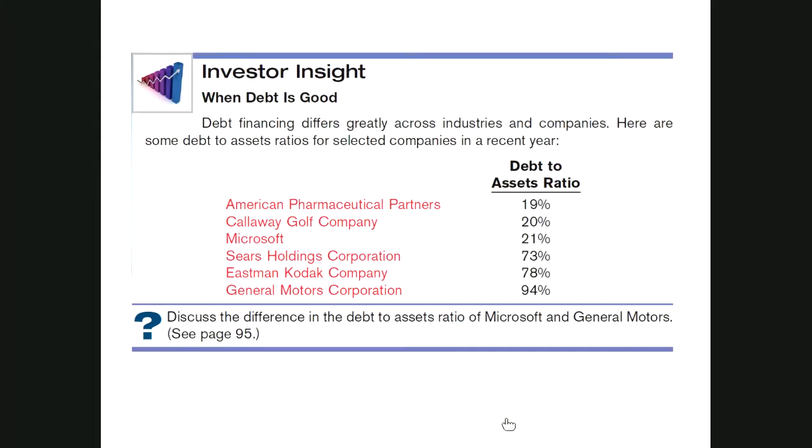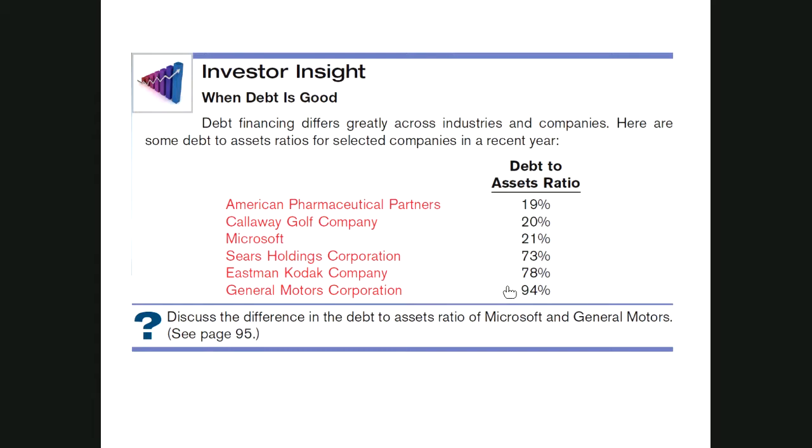So this slide is giving an example of the debt to asset ratios of different companies. As you can see, American Pharmaceutical Partners is 19%, General Motors 94%. That means almost all of their operation is financed. Their liabilities are 94% of their assets, and you can imagine that for General Motors, because they're heavily invested.